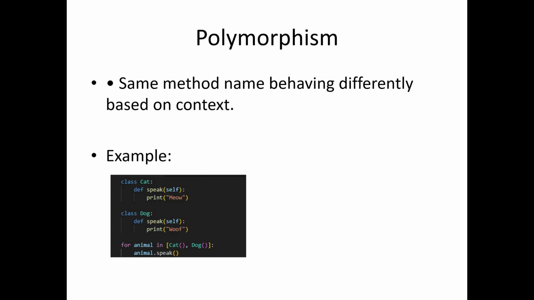Polymorphism literally means many forms. It allows objects from different classes to respond to the same method in different ways. For example, here you can see both Dog and Cat classes have the speak method, but Dog prints woof, while Cat says meow.